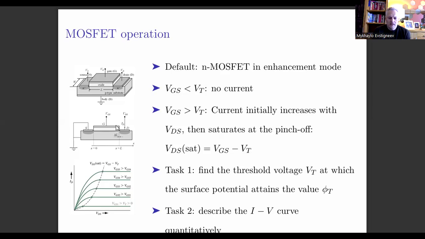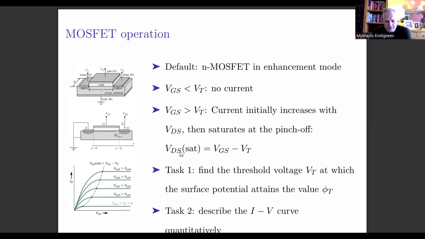This pinch off happens when the drain voltage reaches the value of V gate minus V threshold, because at this point, the voltage between the gate and the rightmost point of the inversion layer will be the threshold voltage, right?